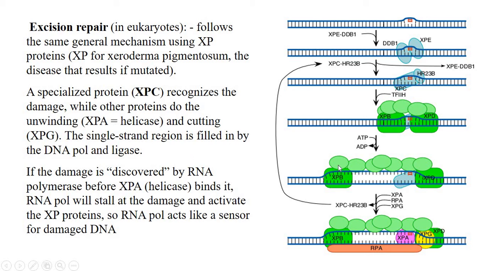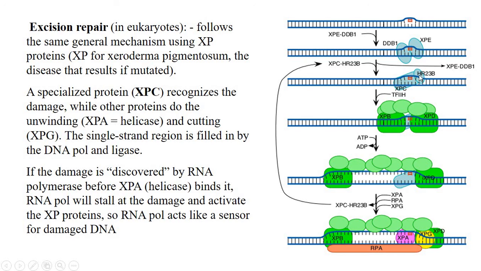All these different proteins bind to DNA molecules wherever there is damage. For example, here this looks like a thymine dimer, or a pyrimidine dimer. This pyrimidine dimer is recognized by some of these XP proteins, and they come and bind to it. This is XPC here, which recognizes the damage. XPE and DDB1, the double-stranded DNA binding proteins, come and bind to these molecules and signal that there is a damage.